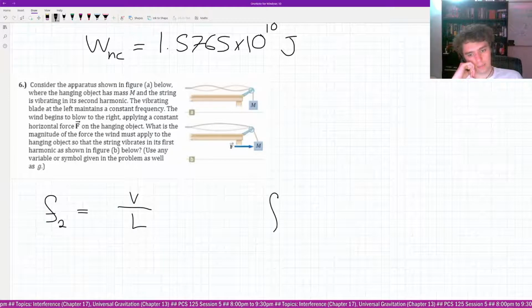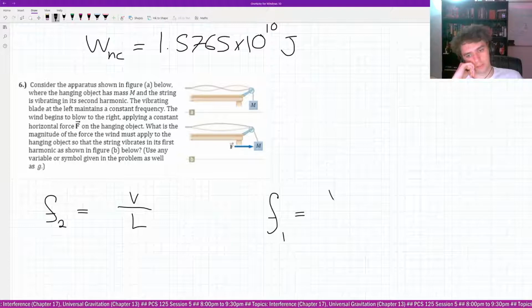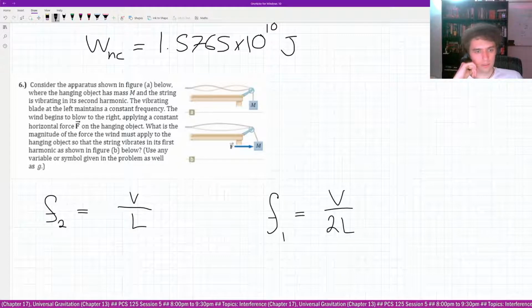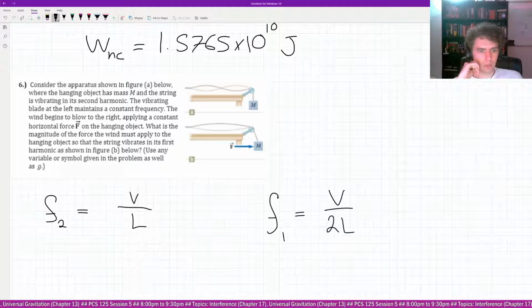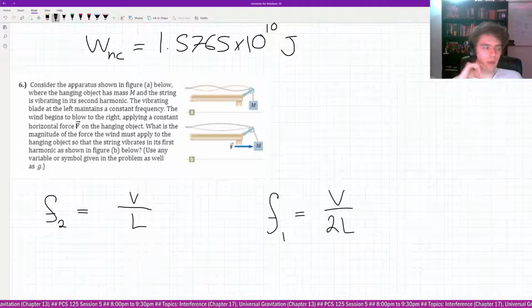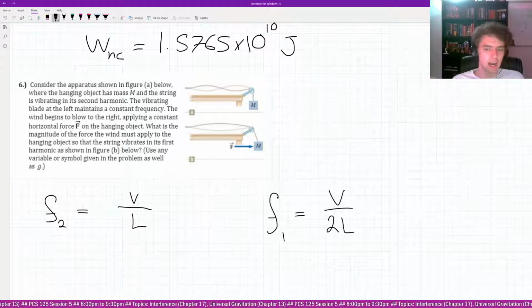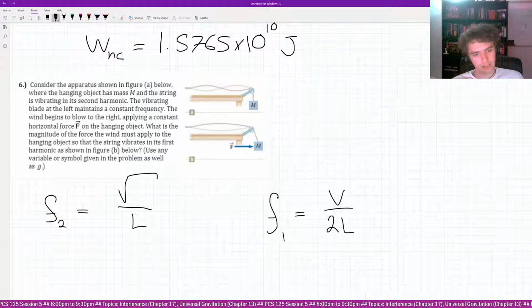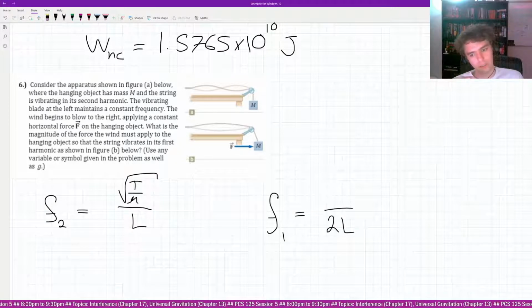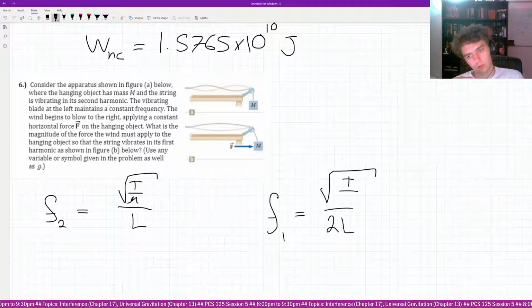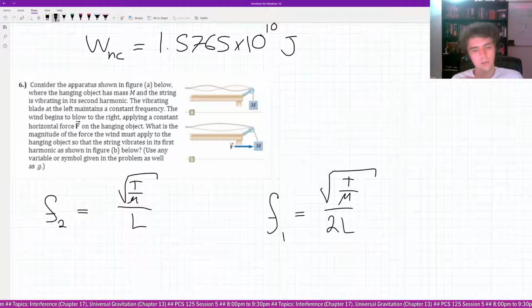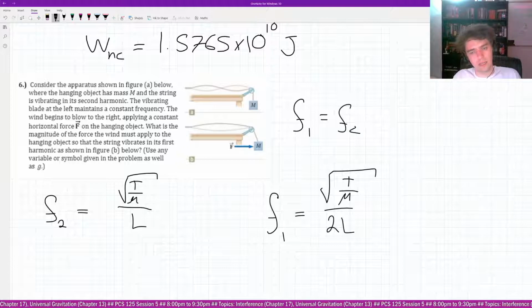We want it to be in the first harmonic, which is going to be V over 2L. I want to know how much stronger the other tension is, because remember, V is just the square root of tension over mu. Also something to note here, the frequency F1 equals F2.